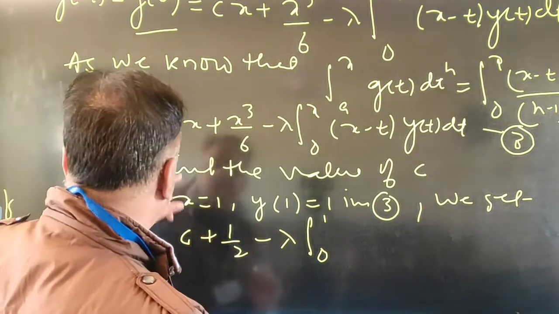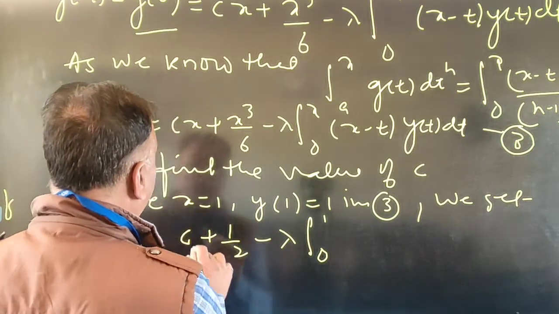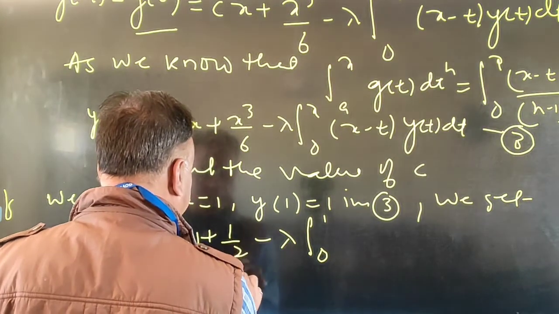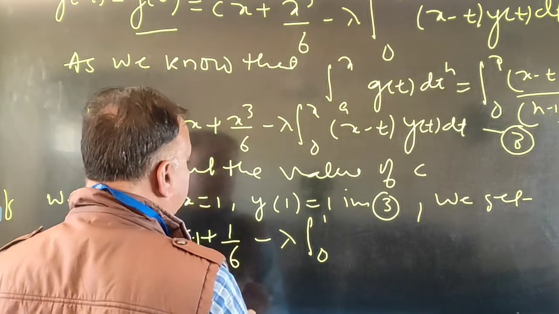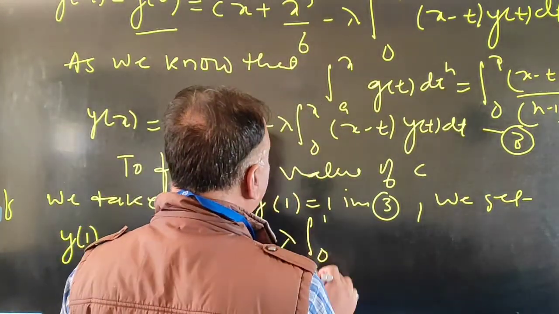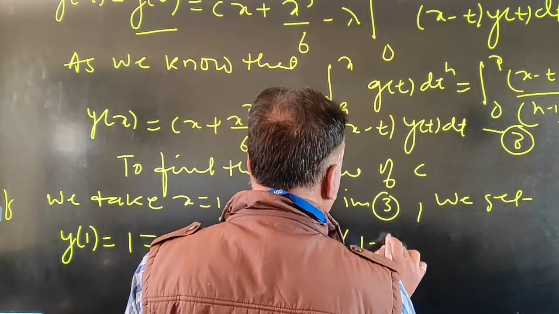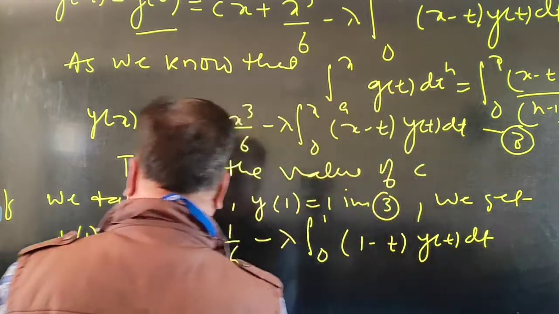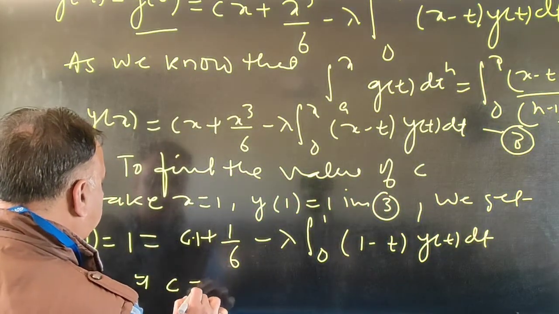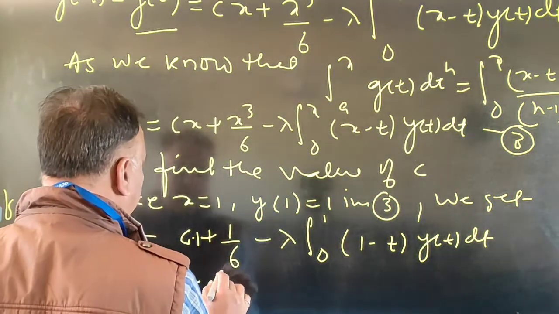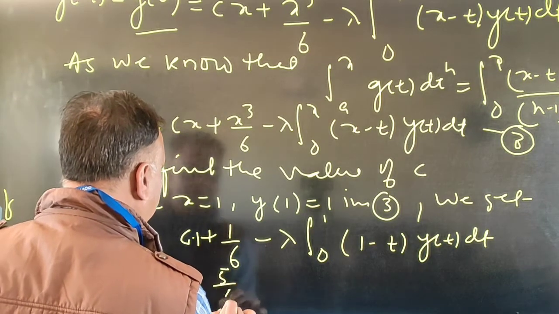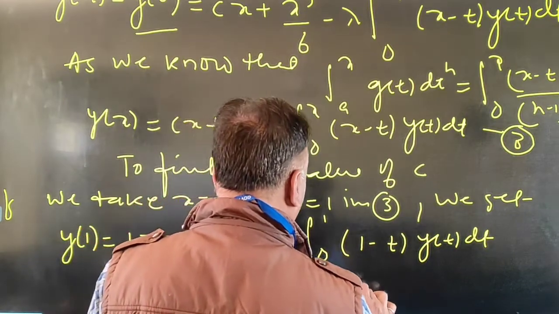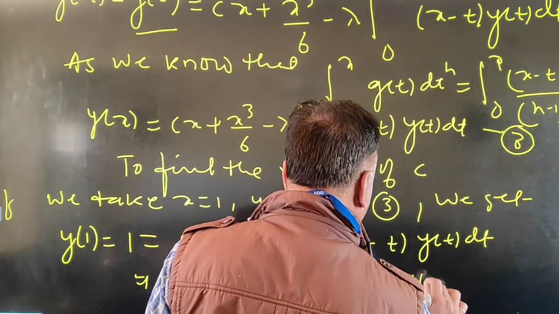So y1 is equal to 1 is equal to c into 1 plus 1 by 6 minus lambda integral 0 to 1 minus t yt dt. From here we get c is equal to 1 minus 1 by 6, that is 5 by 6, plus lambda integral 0 to 1 minus t yt dt.